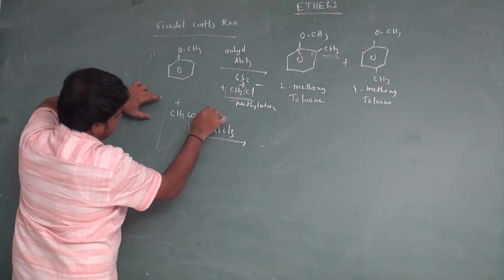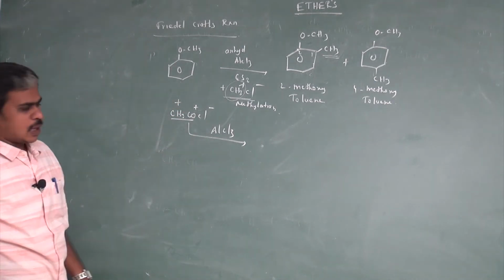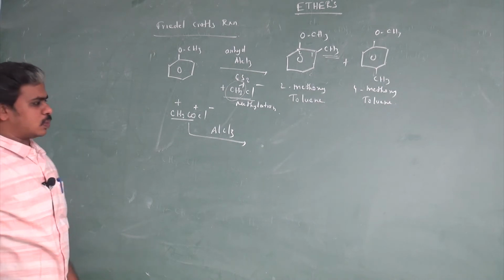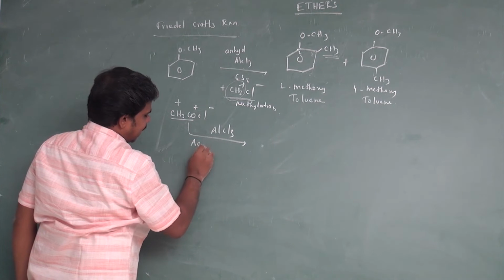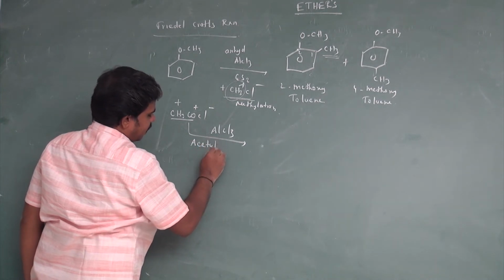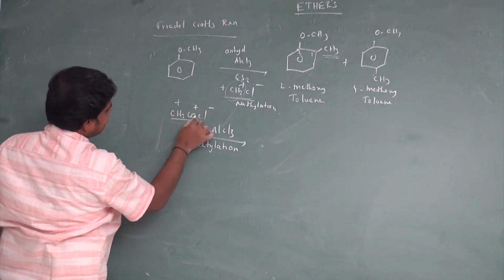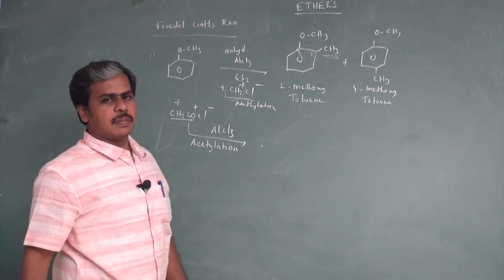Now here it is Cl minus and CH3CO plus, and CH3CO plus is nothing but the acetyl group. So it is Friedel-Crafts acetylation. This CH3CO group reacts at the ortho and para positions.